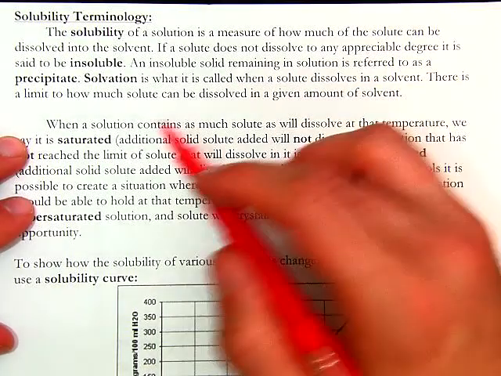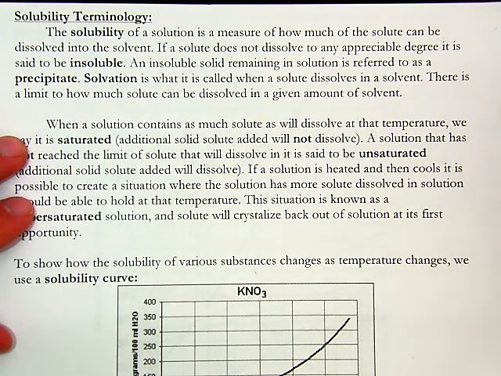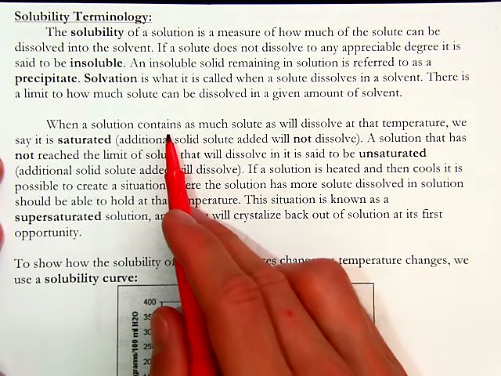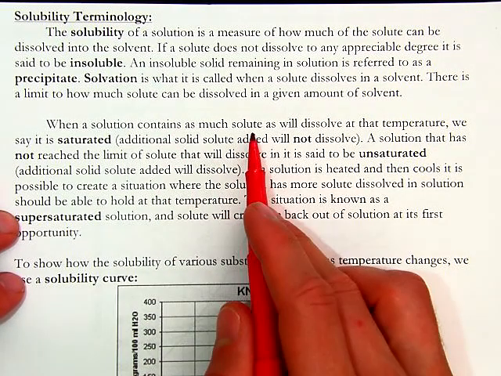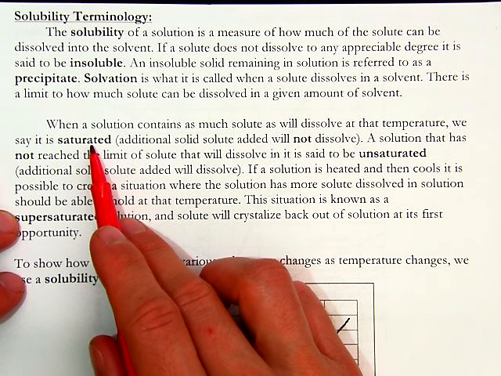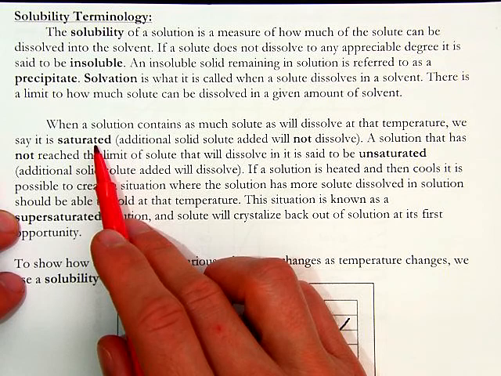And there's a limit to how much solute can be dissolved in a given amount of solvent at a given temperature. So when a solution contains as much solute as will dissolve at that temperature, we say it's a saturated solution. Meaning once you reach saturation, if you added more solute to it, it wouldn't dissolve.